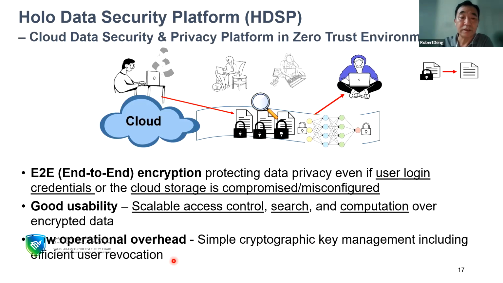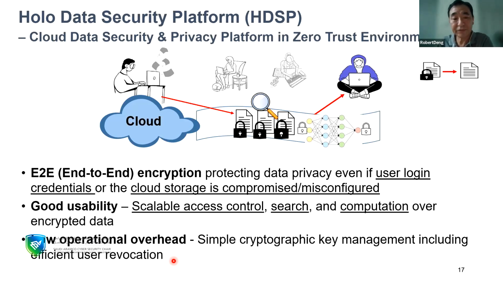Revocation is probably one of the hardest parts of any cryptographic key management system, because when a user changes his or her job function, his or her privilege will change, and the previous key will no longer work. You have to generate a new key for the new position.